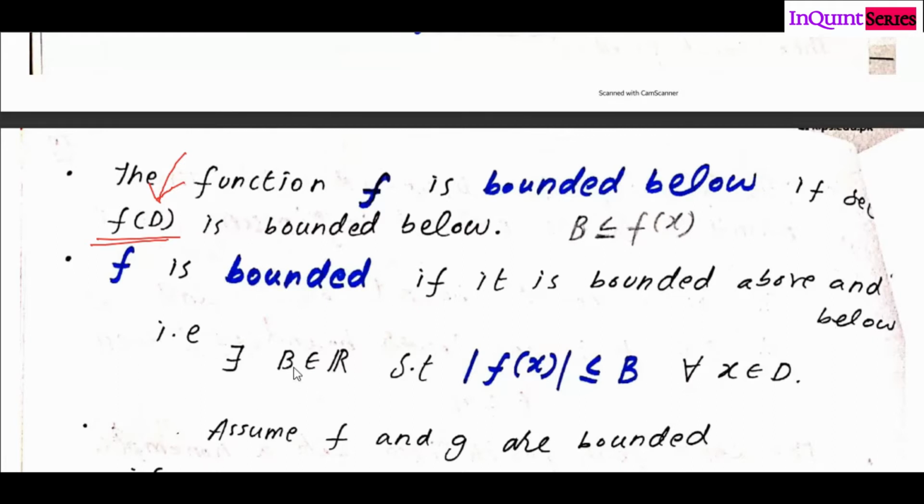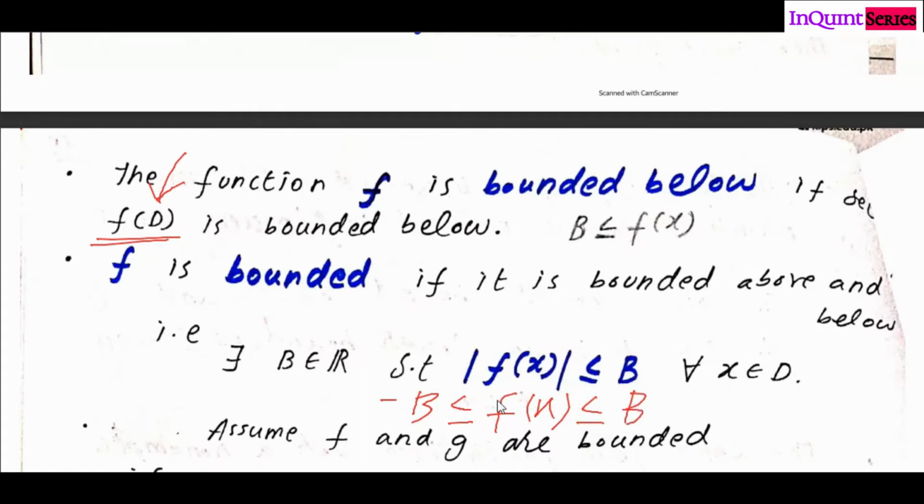That is, there exists b belongs to the set of real numbers such that the modulus of f of x is less than or equal to b for all x belongs to the domain. You can also write it as minus b is less than or equal to f of x is less than or equal to b.